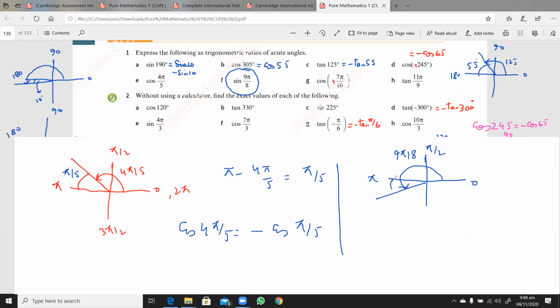So how much is this angle in terms of pi? 9 pi by 8 minus pi, so you have pi by 8 here. So the sine 9 pi by 8, is it minus sine pi by 8 or plus sine pi by 8? Minus, because here you have sine as negative.